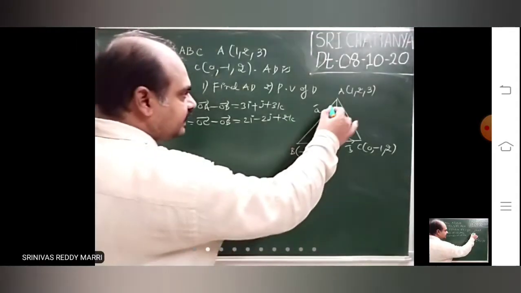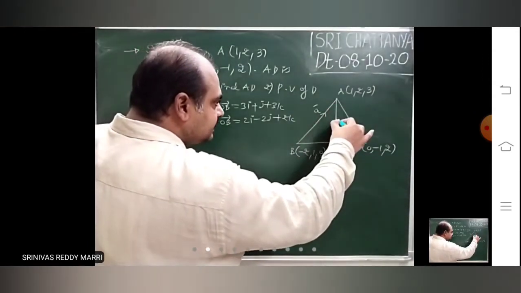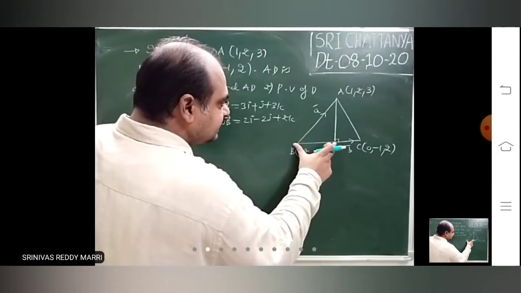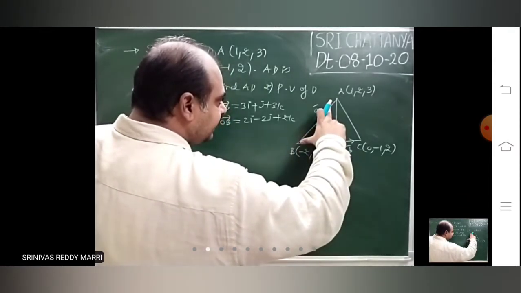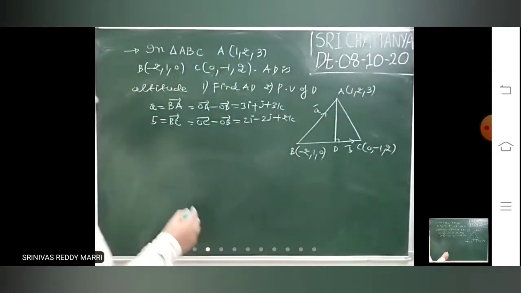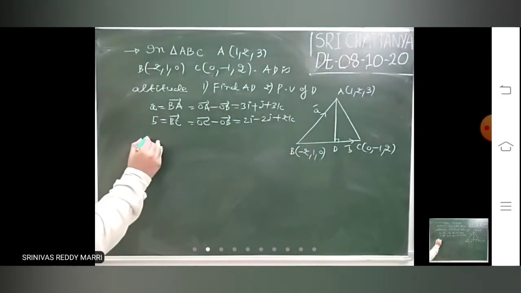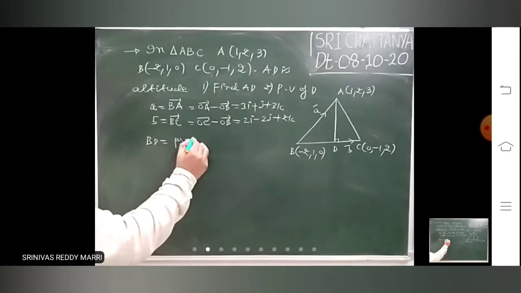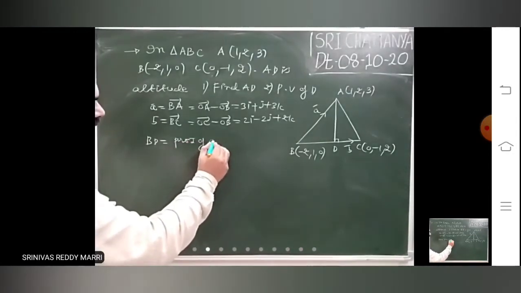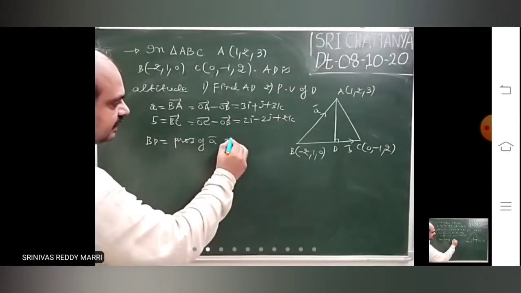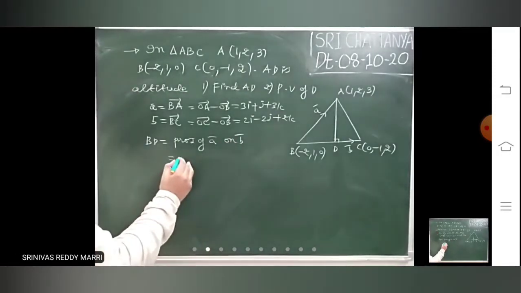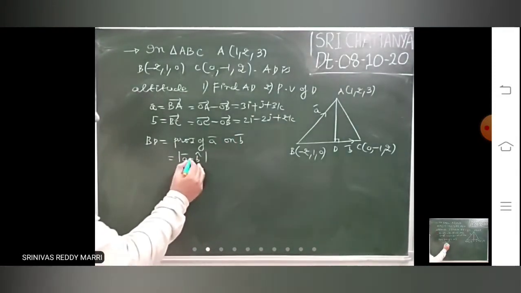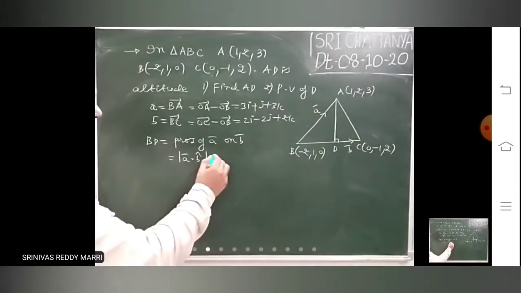So now look at, from here perpendicular is drawn. This BD length, I have told, is nothing but the projection of A bar on B bar. That means modulus of A bar dot B cap.